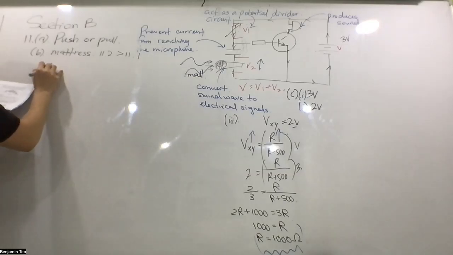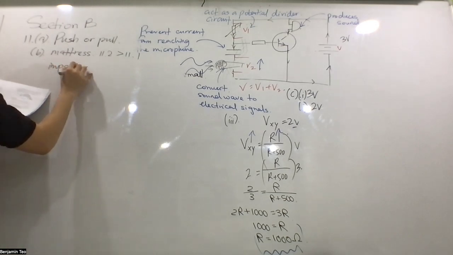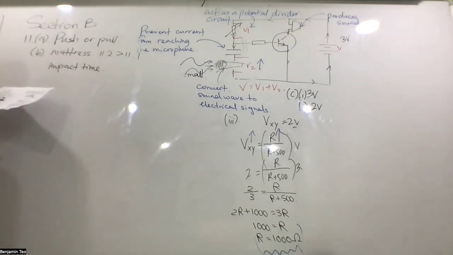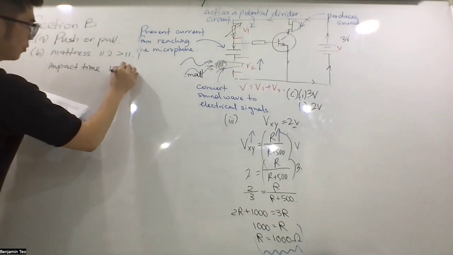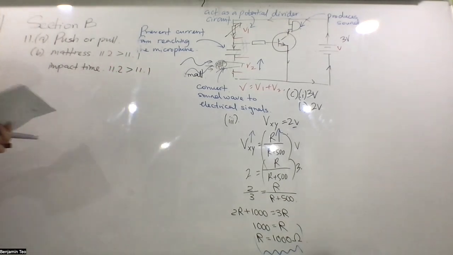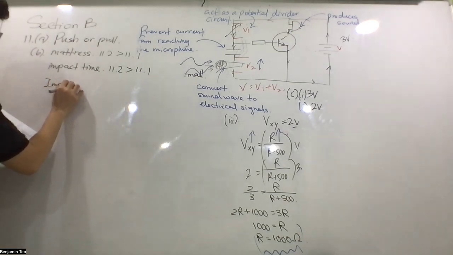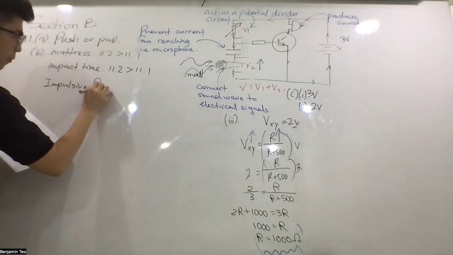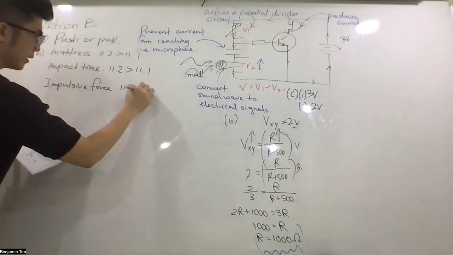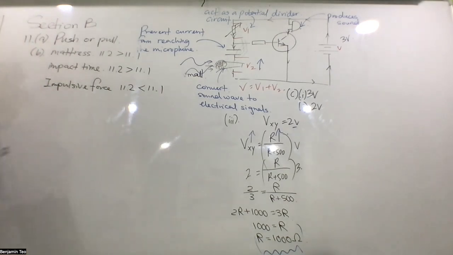So impact time 1.2 longer than 1.1. And impulsive force 1.2 is less than 1.1.